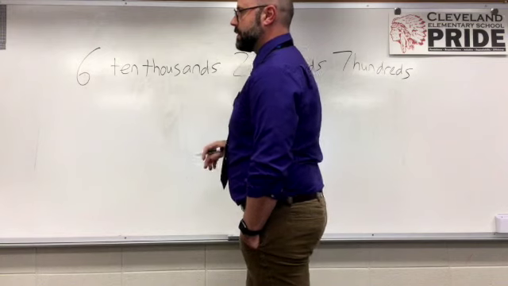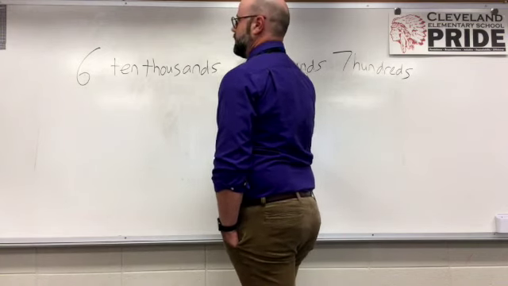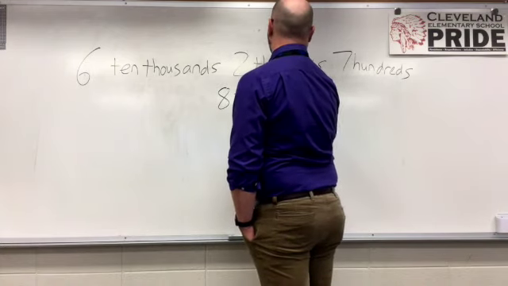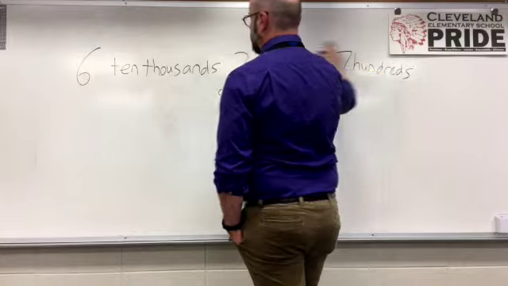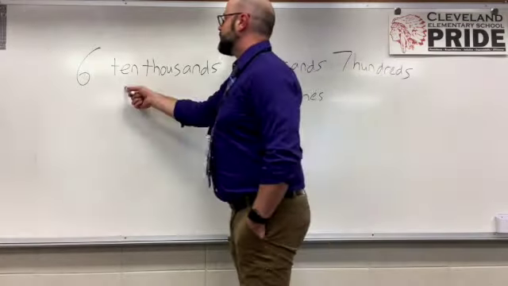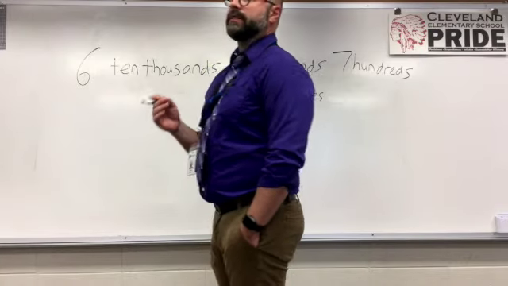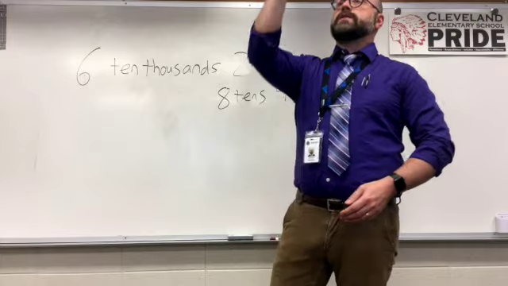I should have started a little further left there. I apologize, guys. I'm going to have to write down here 8 10s and 9 1s. So we're just going to start up here at the 6 10,000s, and then this will be our last couple numbers. So 6 10,000s. Think of your place value chart. Ones, tens, hundreds, thousands. After thousands is 10,000.